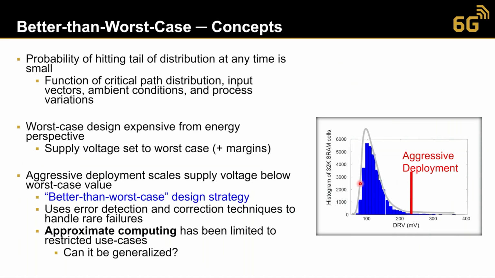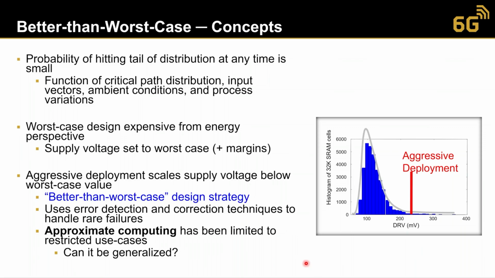But how do you do this? Well, you basically set the voltage for the whole chip or the whole processor at a point where you know by design that some of them will fail. But then you have different methods, which I'll go through in just a second, of either correcting the errors or understanding that your system can tolerate that number of errors.